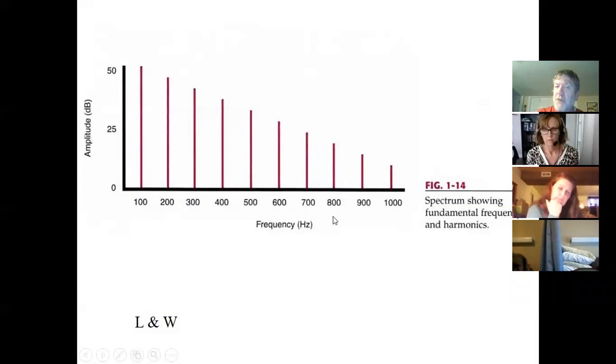And notice frequency always is abbreviated Hz. Hz stands for Hertz, H-E-R-T-Z. Okay, Hertz, capital H, small z. This means cycles per second. That's what hertz is, okay? And look at the vertical axis. It's called decibels, amplitude.